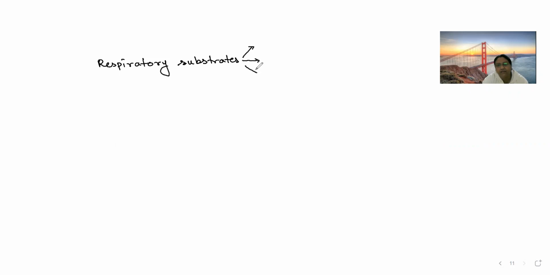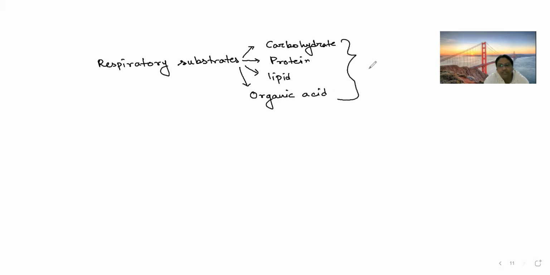It can be a carbohydrate, any kind of carbohydrate. It can be protein, it can be lipid, it can be any other organic acid also. And the source of all these is food.